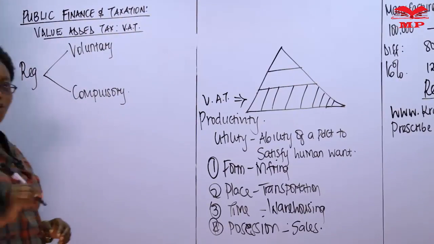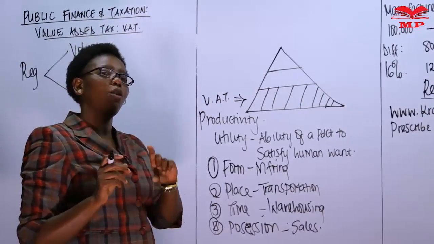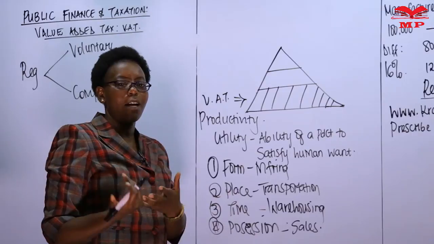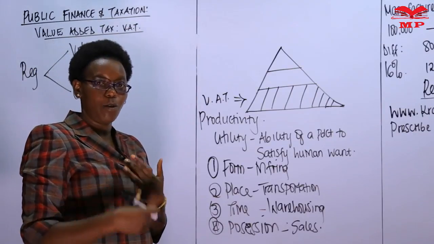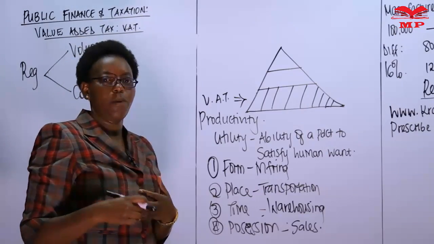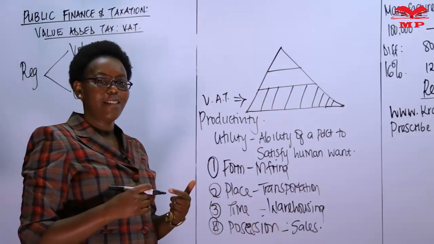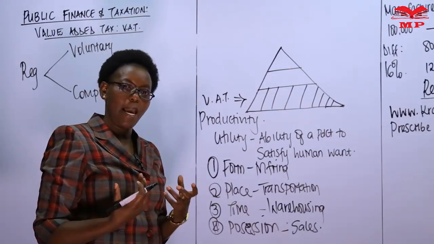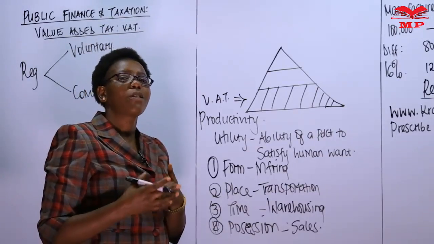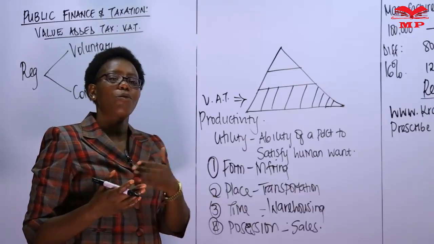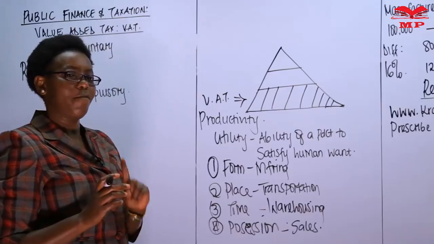Now, compulsory registration is for every person, and a person here is the legal description of a person, not just the natural flesh and blood person. So it could be a business, a sole proprietorship, a partnership, a company. So any person who intends to supply, meaning you are selling, taxable goods, and whose turnover in a given period of 12 months, not a calendar year, is supposed to be more than 5 million.